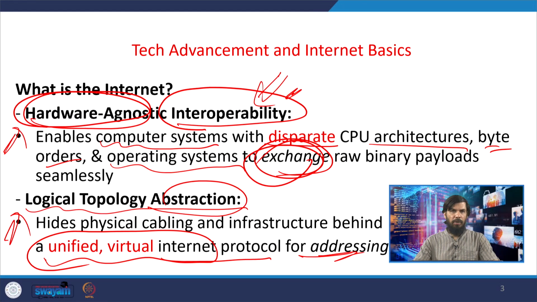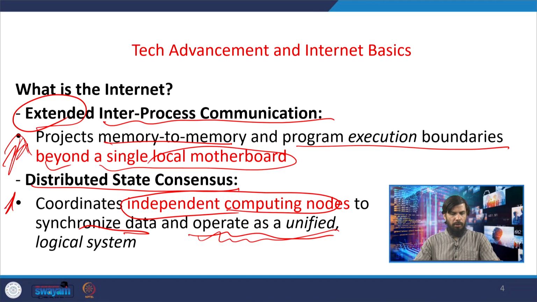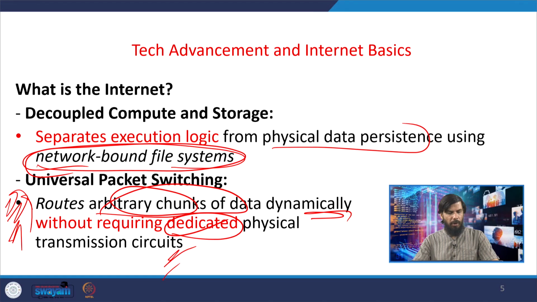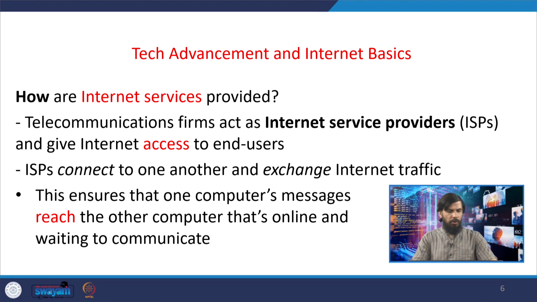There are some defining features that we talked about: interoperability, the abstraction of the physical part, interprocess communication, consensus for the data that is moving across the network, and then network file systems. Because of that, there is decoupling of compute and storage, and then universal packet switching to manage the data traffic. So, all these important features define the internet, and that is why it works.